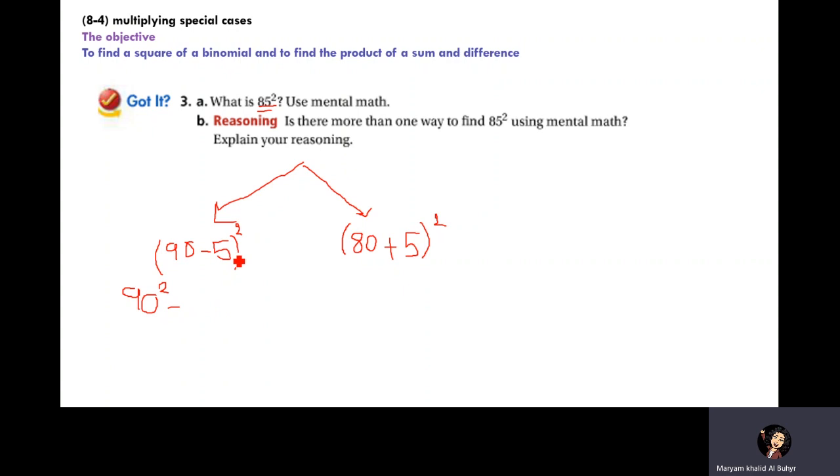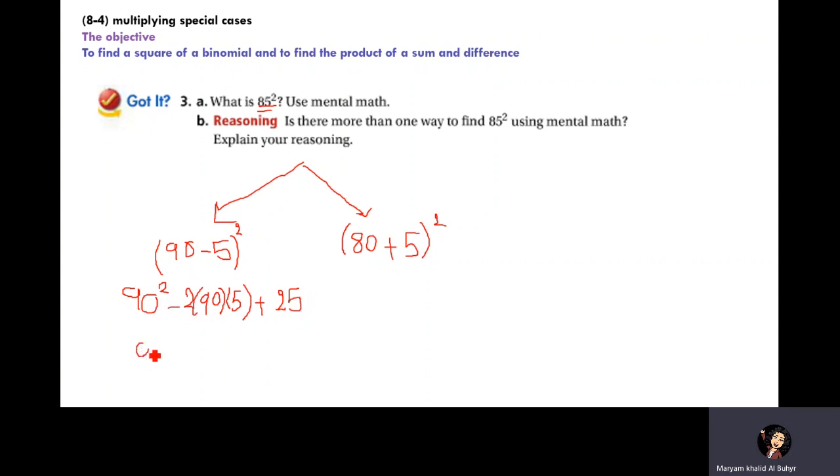2 times the first times the second. So 2 times 90 times 5, plus, I will write immediately 25.